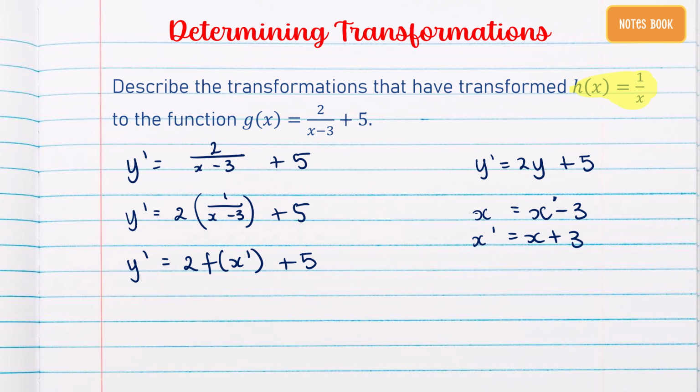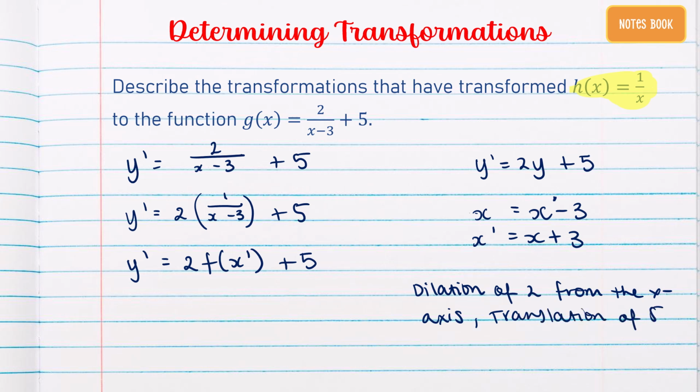Now, from here, what you can see is that we've got that transformation here of a dilation of 2, if we're looking at our y prime. So a dilation of 2 from the x-axis, followed by our translation, okay? So we've got our translations of 5 units in the positive y direction, and then 3 units in the positive x direction, okay?